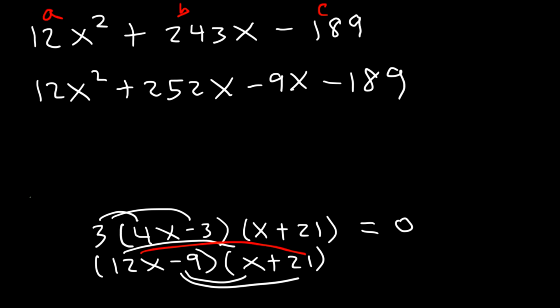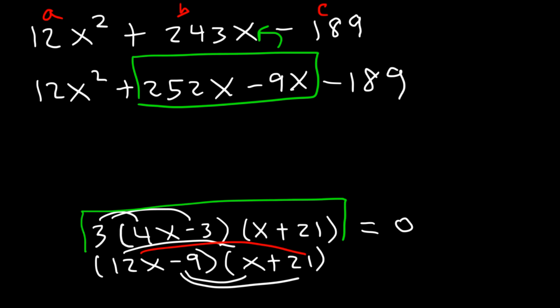So if we add the two middle terms together, 252 minus 9, that's going to give us the 243. So as we can see, this is indeed the factored expression. So that's how you can use the quadratic formula to basically reverse factor the problem if you ever have a difficult trinomial that you need to factor.